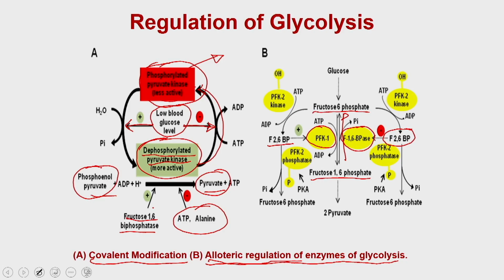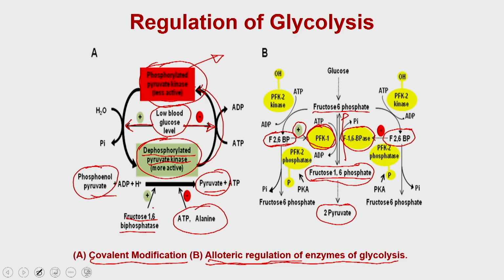Fructose 2,6 bisphosphate positively regulates the activity of phosphofructokinase 1, which means that if it is present, it will enhance the catalytic conversion rate of phosphofructokinase, and as a result you are going to have more fructose 1,6 bisphosphate, which will eventually get converted into pyruvate.